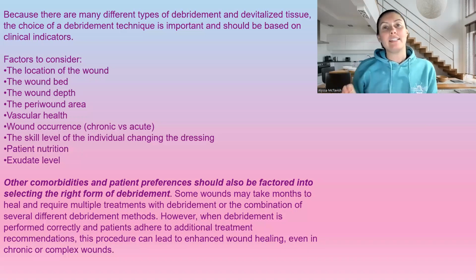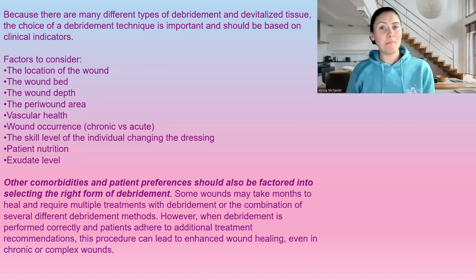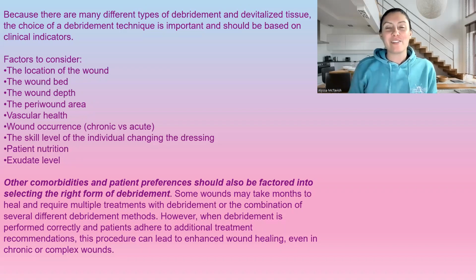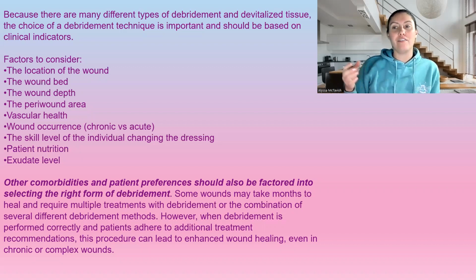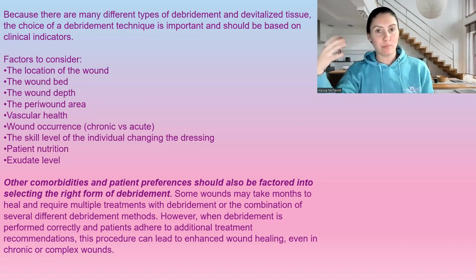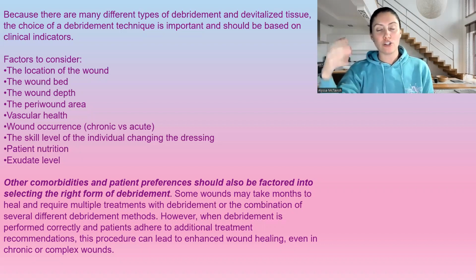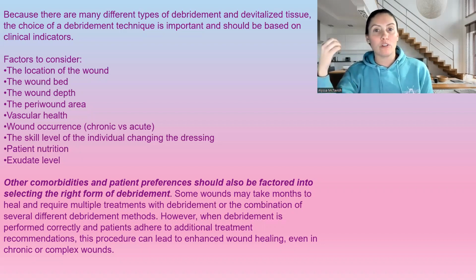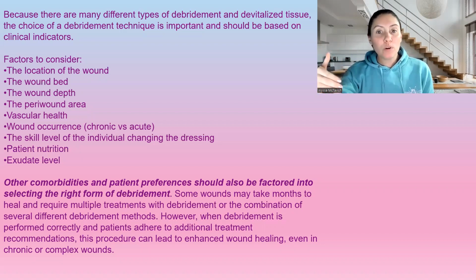Because there's so many different types of debridement methods, and there's even all different types of devitalized tissue, right? So we're going to have to look at the whole wound when we're choosing what type of debridement method we're going to use. And it should be based on the following: the location of the wound bed, the depth, the peri-wound area, vascular health.